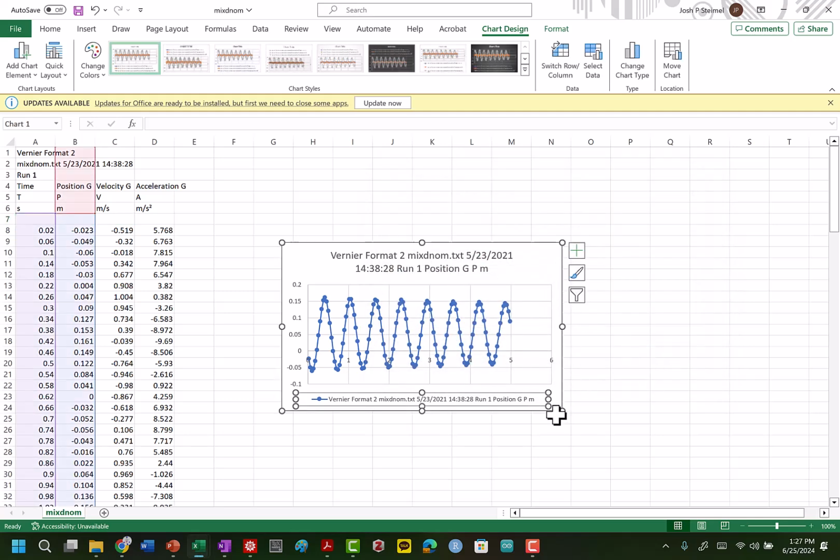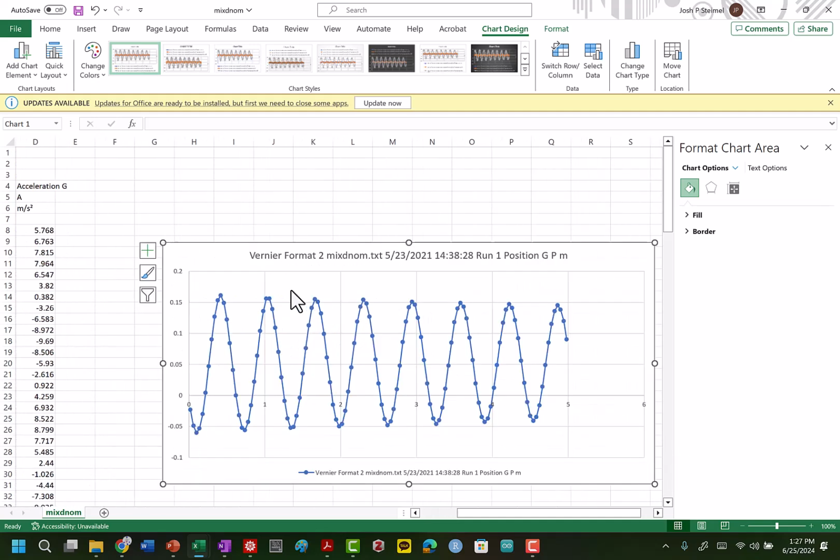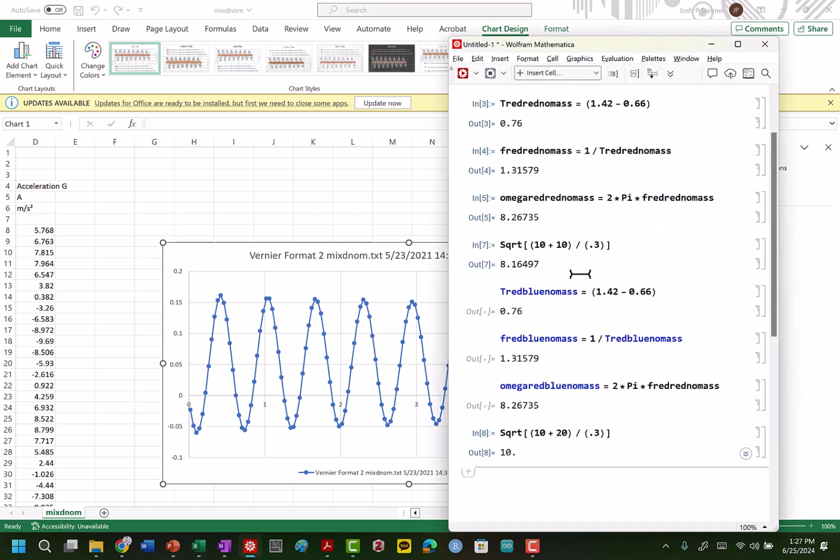So I can zoom this up. Zoom this out. So 0.42, and then 1.04.